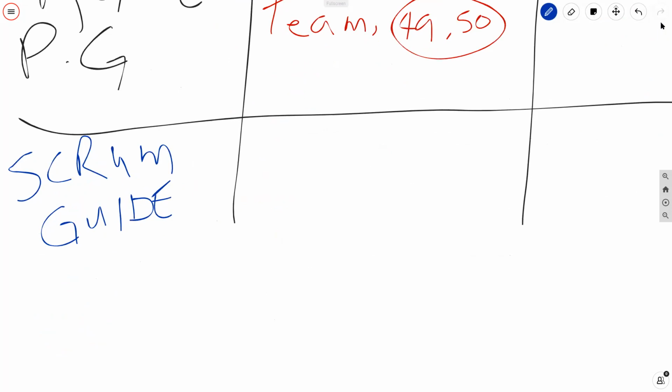Think about the 3-5-3. There's interactions between the three roles, the product owner, the Scrum Master, and the team, right? Or we could call them the development team.